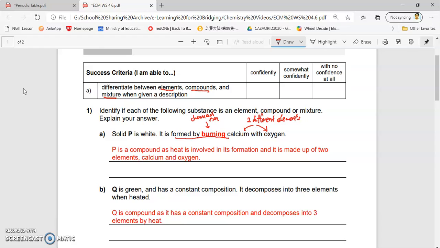So two different elements undergo a chemical reaction. What's going to happen is it's going to be a compound, because heat is involved, there's a burning in its formation. It's made of two elements, calcium and oxygen. So chemical reaction, energy is involved. Two different elements. Okay, so these two are the clues to let you know that P is a compound.